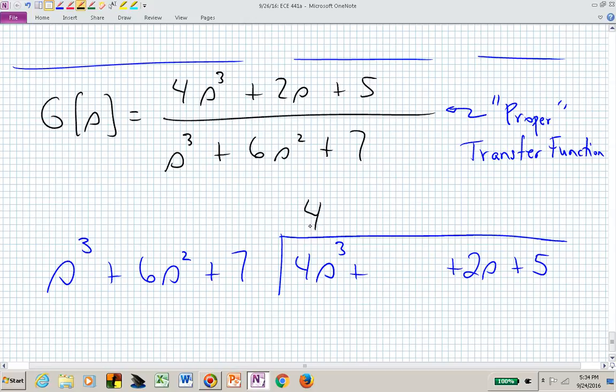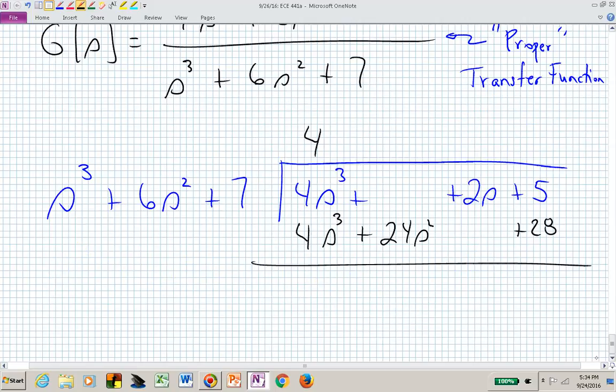We know that a 4 times the denominator will give us what we need in the numerator, so we now have 4s cubed plus 24s squared plus 28. And if we subtract that out, we have eliminated that highest power of s, and we now have minus 24s squared plus 2s minus 23.